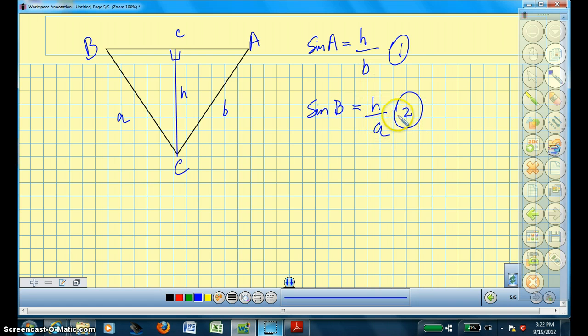So now I can isolate one of the two equations. So let's isolate equation 1, let's say.